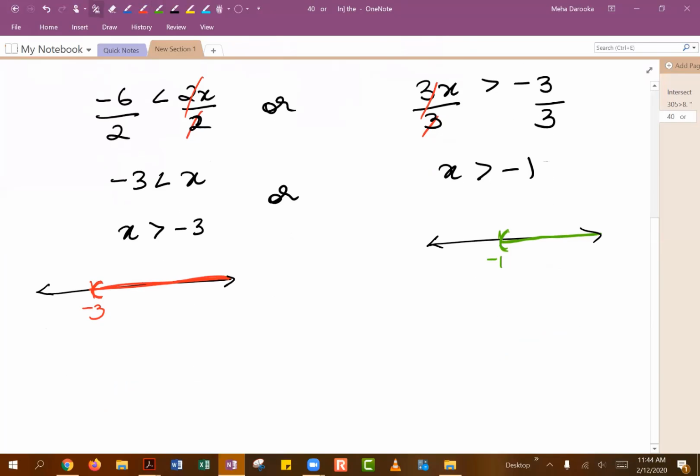Okay, so if I put these together, what will we end up with? Let's see, I've got negative 3 and negative 1. This guy is greater than negative 3. The other one is greater than negative 1.